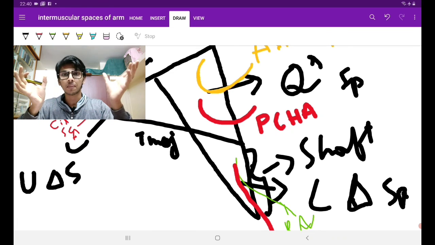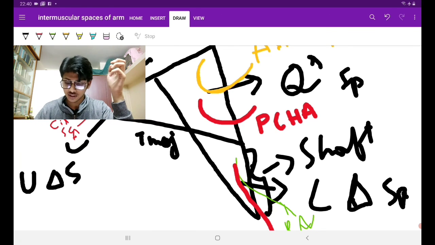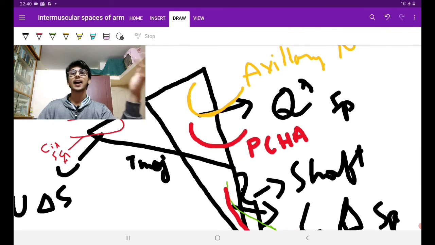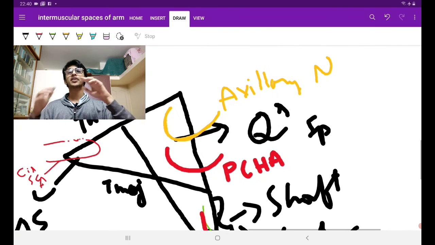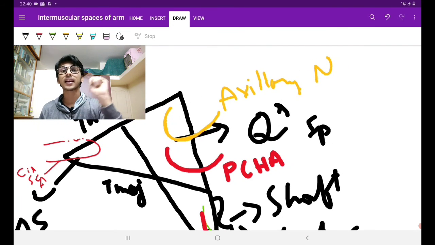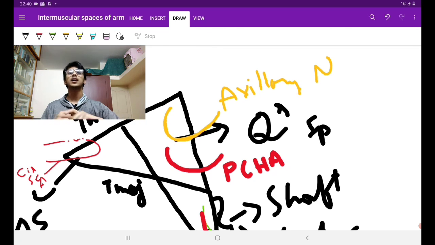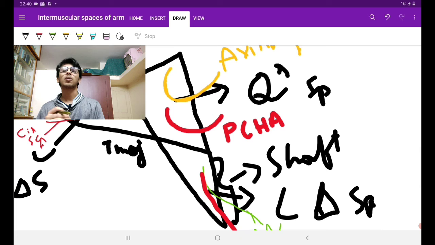If it grows abnormally, then it can compress the structures. What are the structures of the quadrangular space? Axillary nerve. If it compresses the axillary nerve, what is the axillary nerve supplying? Axillary nerve is supplying the deltoid muscle. So there will be weakness in abduction in that kind of case, and there can even be trauma. What happens due to trauma? The spaces are displaced, so the structures will be compressed. So that is the importance.